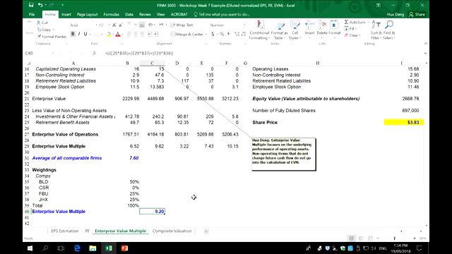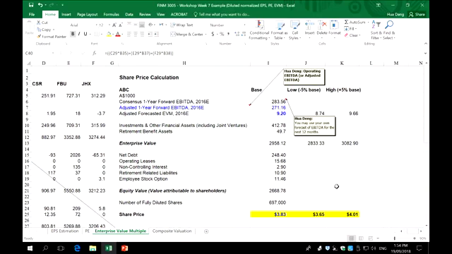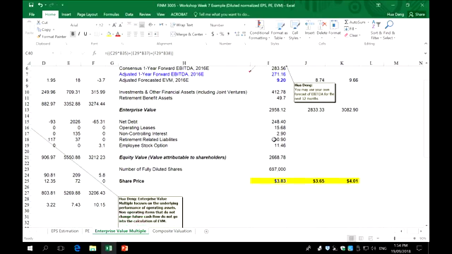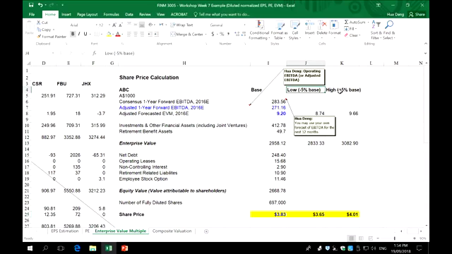For your company, you still have the freedom to apply a premium or discount based on that. To the right, we have the calculation here and a share price. With the high and low, it's up to your decision. Is it a 5% movement, a smaller range, or 10%?